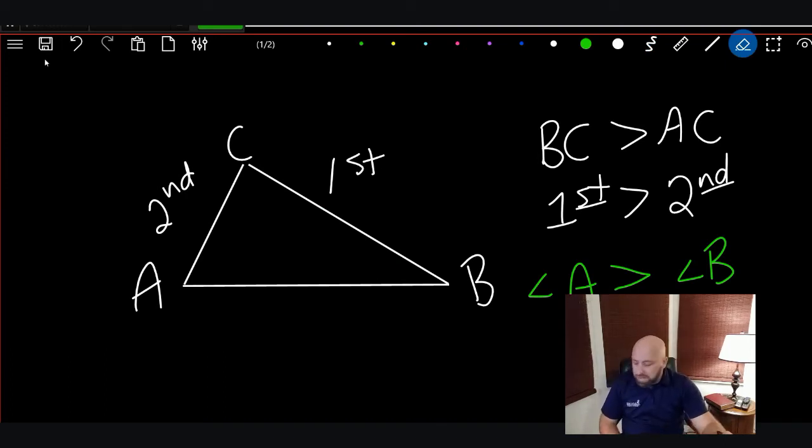So if you look down there in the proof, what they do, and I'm not going to necessarily go through the whole proof, but the idea is that they say, okay, let's take this piece right here, this AC piece, and let's construct that AC piece over here so that we make an isosceles triangle.